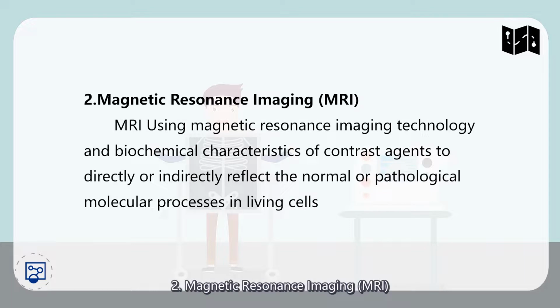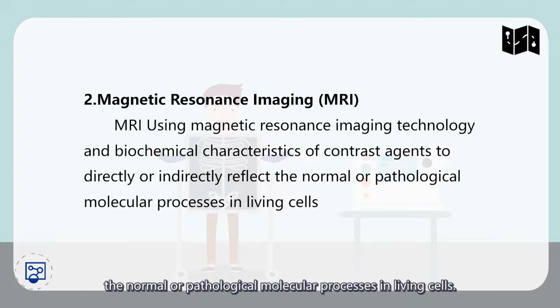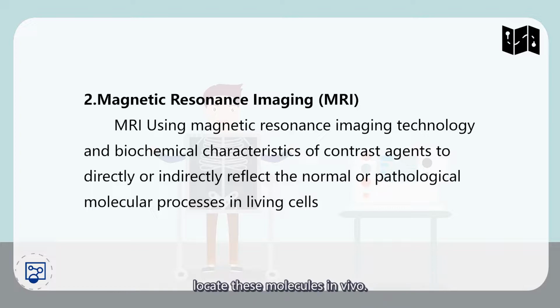The second modality for molecular imaging is MR, magnetic resonance imaging. It uses magnetic resonance imaging technology and biochemical characteristics of contrast agents, combining to directly or indirectly reflect the normal or pathological molecular process in living cells. Molecular-level MR imaging uses special molecules that can be visualized on MR imaging as imaging markers to locate the molecule in vivo.